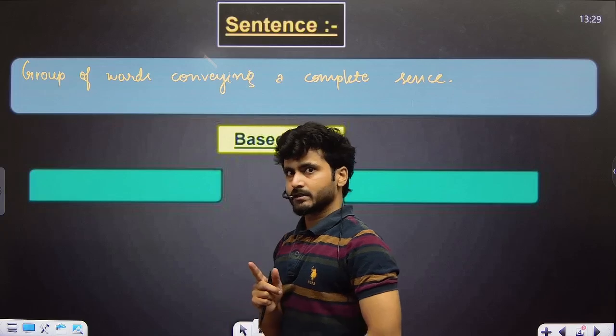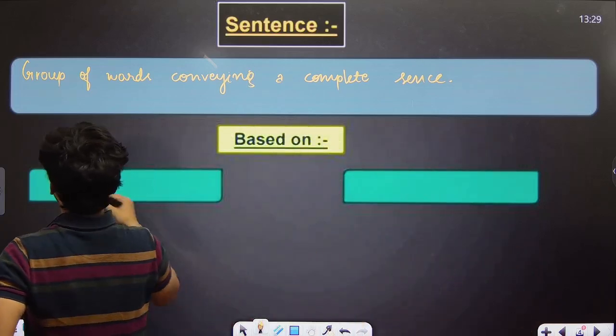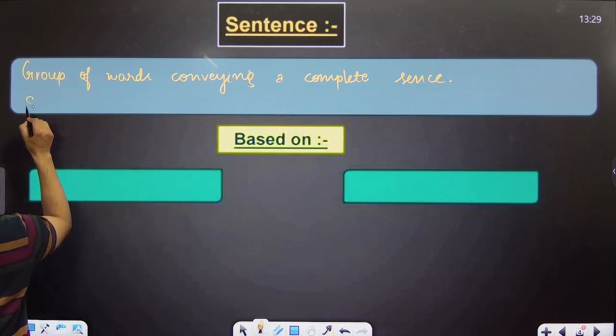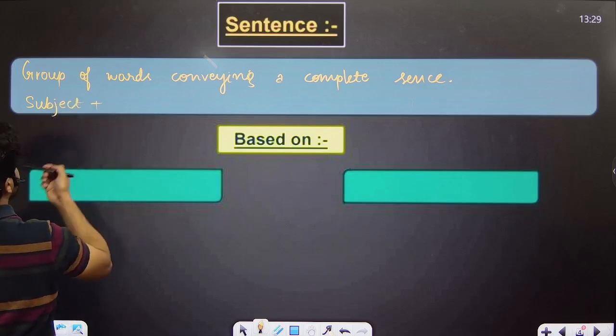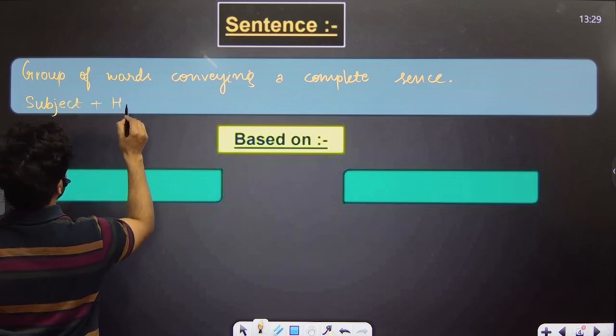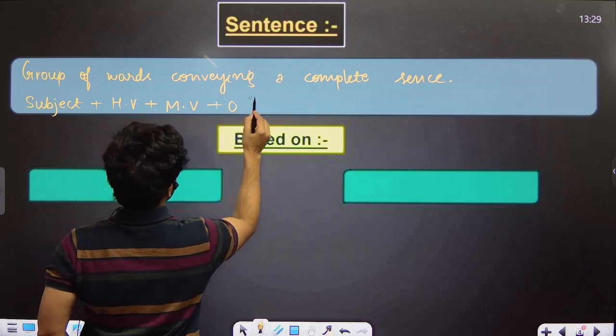Without the subject, a sentence will not be possible. So it contains what? Subject plus verb. So we can write the structure like subject plus helping verb, main verb plus object.